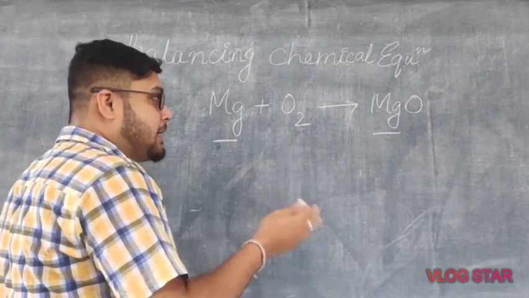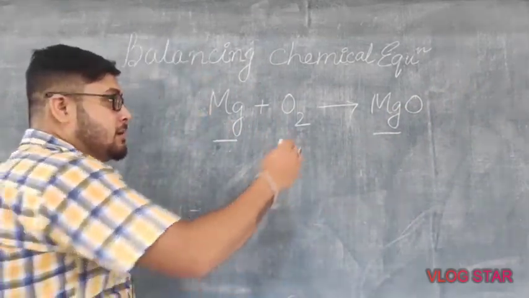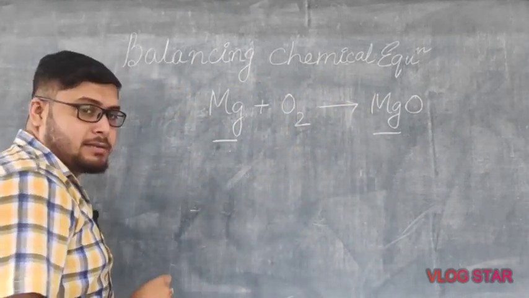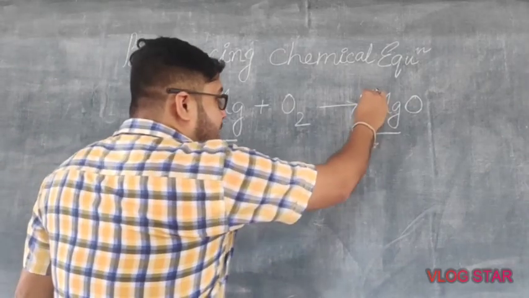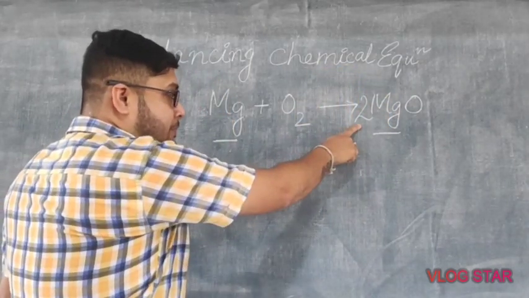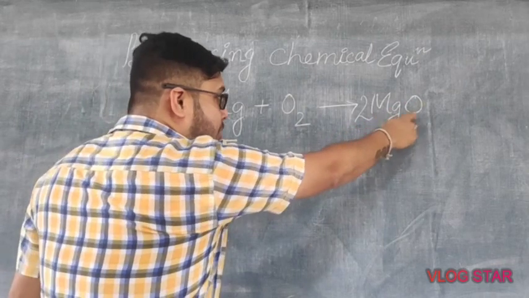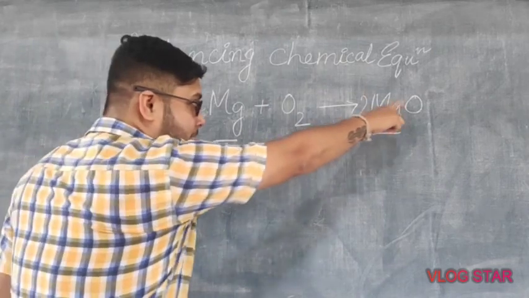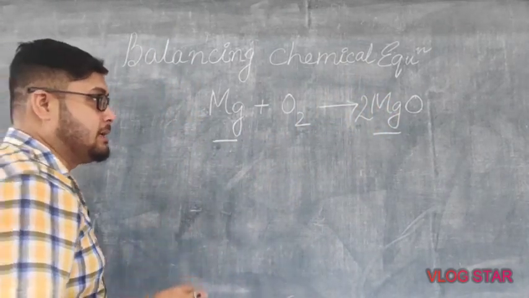Whatever calculations we have to do is within this particular set of elements. So if I put here 2, this 2 represents Mg also, oxygen also, and it is called the coefficient of MgO, that is magnesium oxide.